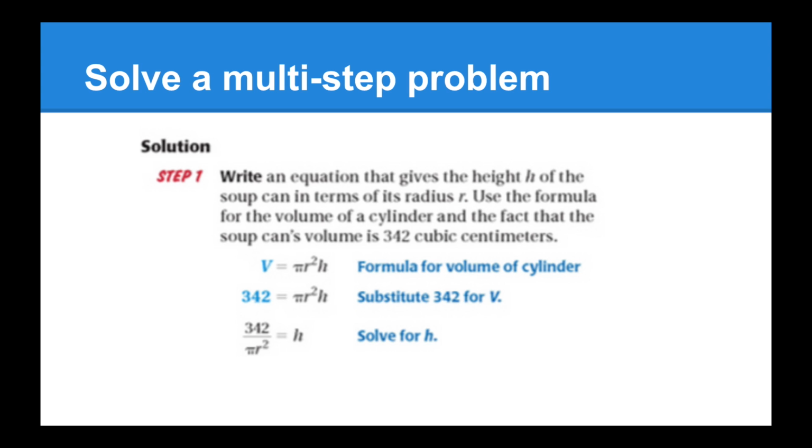Anyways, the formula would be V equals pi r squared h. So we change V into 342, and then we make it into an equation and solve it for h. So it becomes 342 divided by pi r squared equals h.